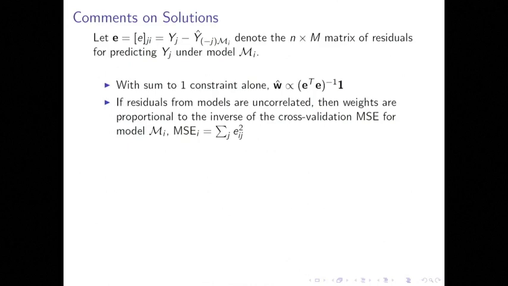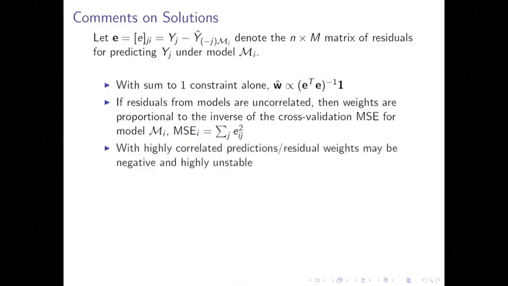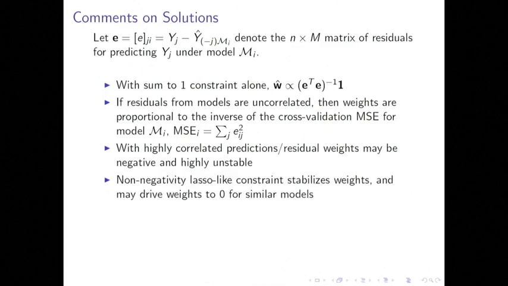That would be the case where we have uncorrelated residuals from the model predictions. Now that typically isn't the case, and so if you have highly correlated predictions, those weights may be negative and highly unstable. Okay, so again, it looks like a least squares problem without the non-negativity constraint.